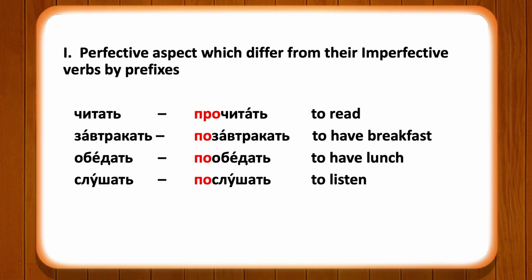In the last module, we had learned that there are three ways by which the perfective aspect verb differ from their imperfective verbs. The first was by prefixes, and we had done some verbs where the perfective verb differs from the imperfective verbs by prefixes.